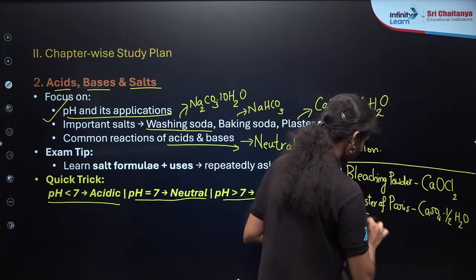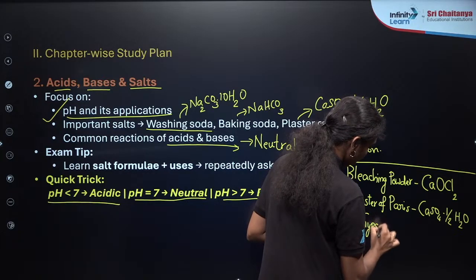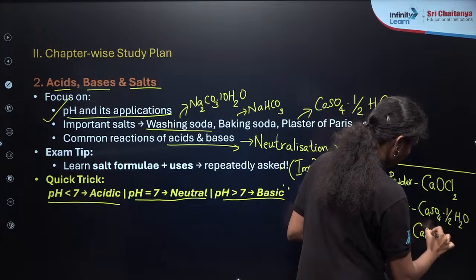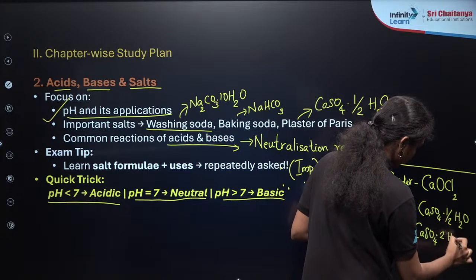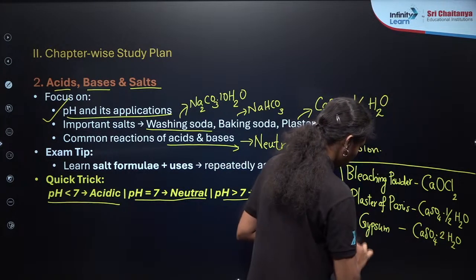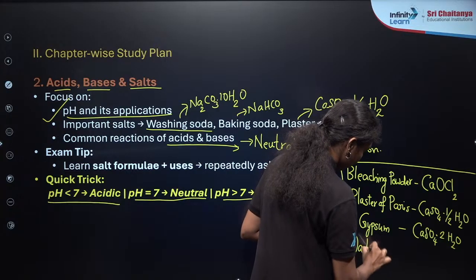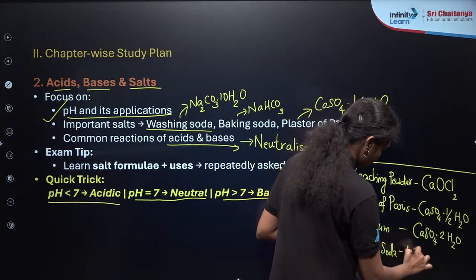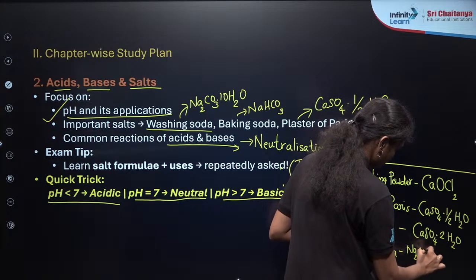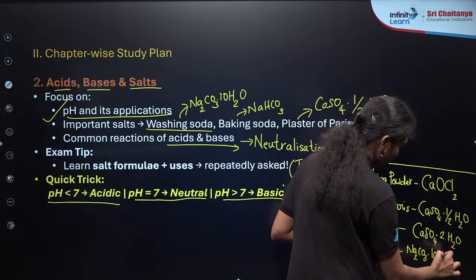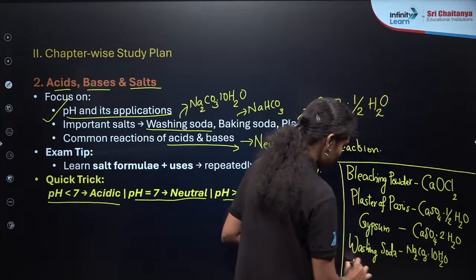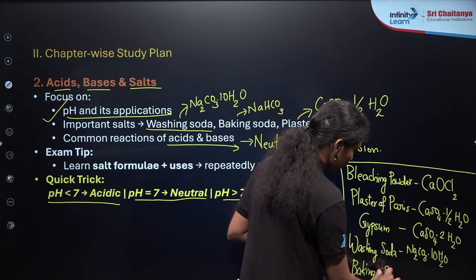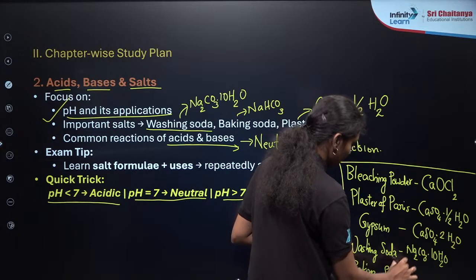The next one is gypsum, CaSO4.2H2O, from which we can produce plaster of Paris. Then washing soda, Na2CO3.10H2O. And the last one is baking soda. These are the 5 important salts we have studied in acids, bases and salts. You can remember the chemical formulas of these important salts.